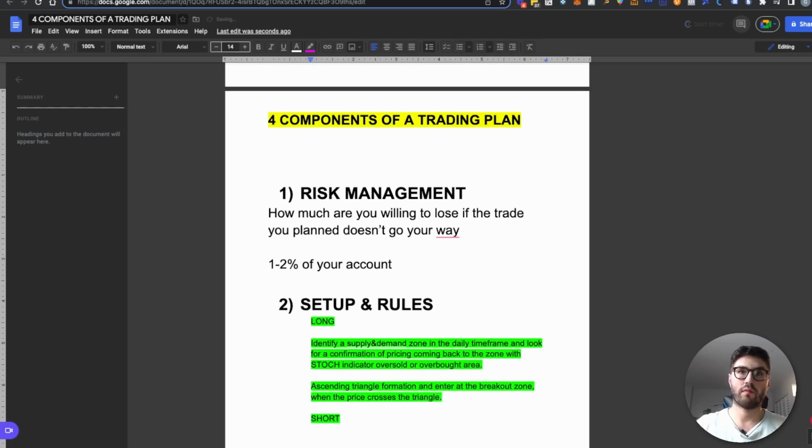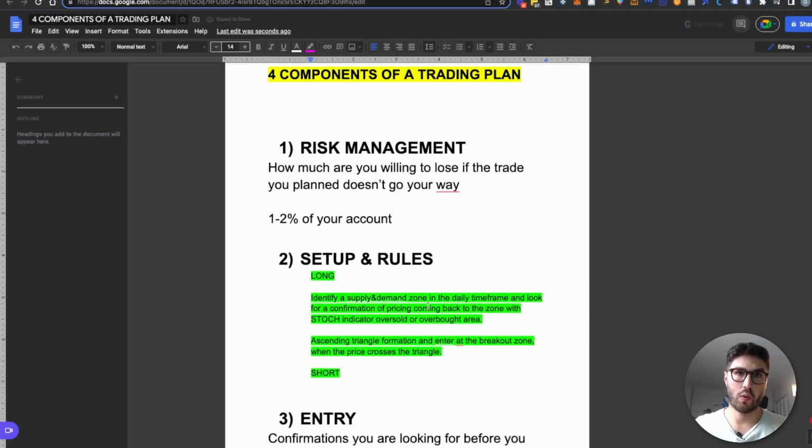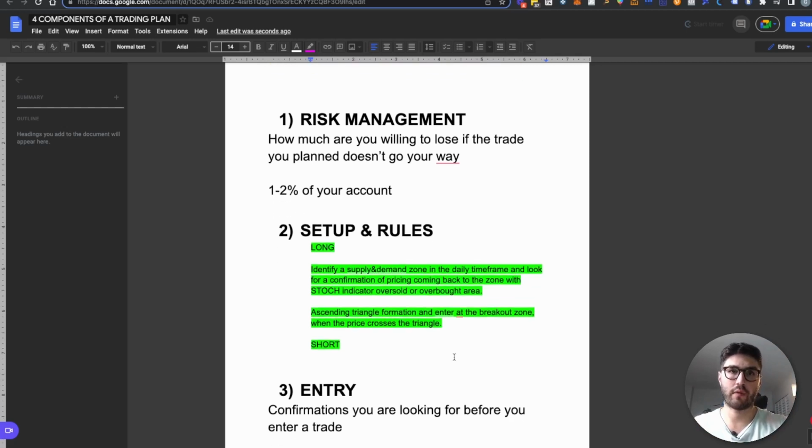Okay, so these are your rules that you want to observe, right? And whether you're going long or going short, you clearly need to identify them and have a Google Doc like this one so you can add those rules right here, okay?